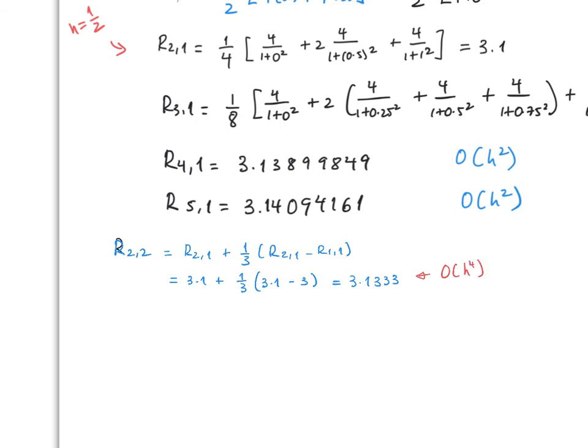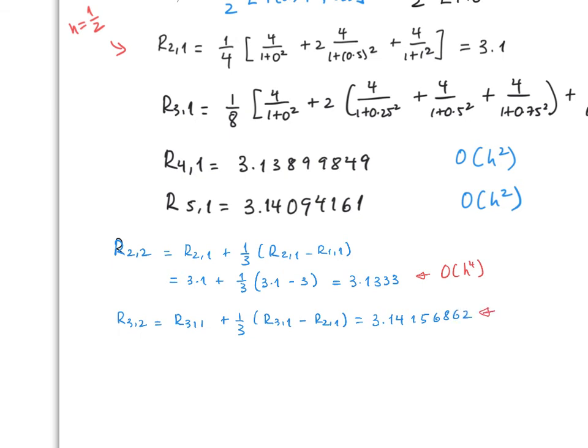The same thing is going to be true for R32. This will be R31 plus 1/3 times R31 minus R21, which we have all of these values, and once you plug it in, this equals 3.14156862.